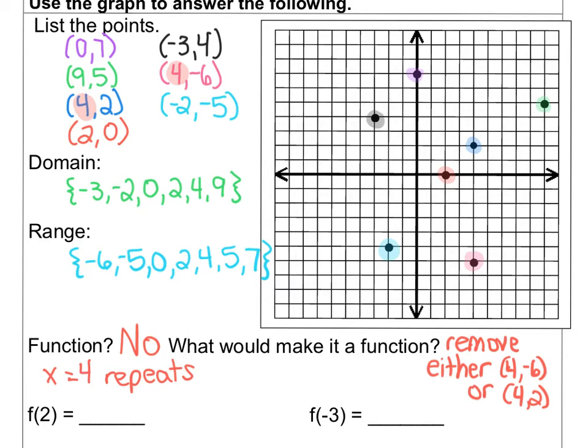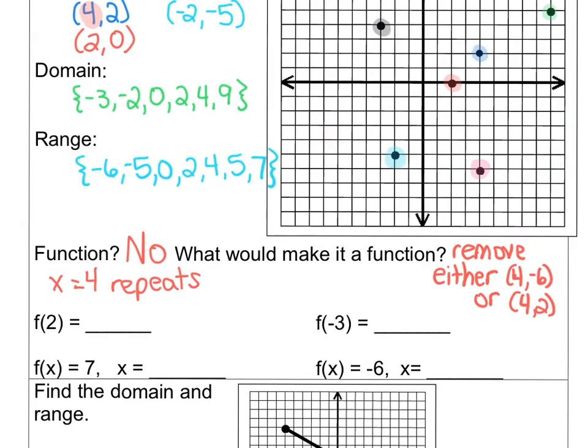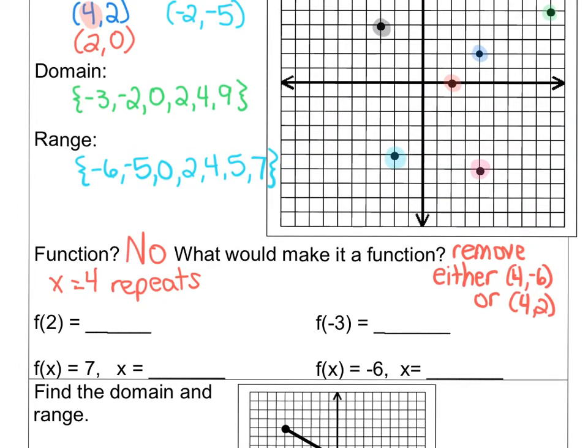All right, so we talked about in our last lesson f of 2, how to solve that. And remember I said that the way you need to think about it is what is y when x is 2? So they're looking at the points from this same graph.